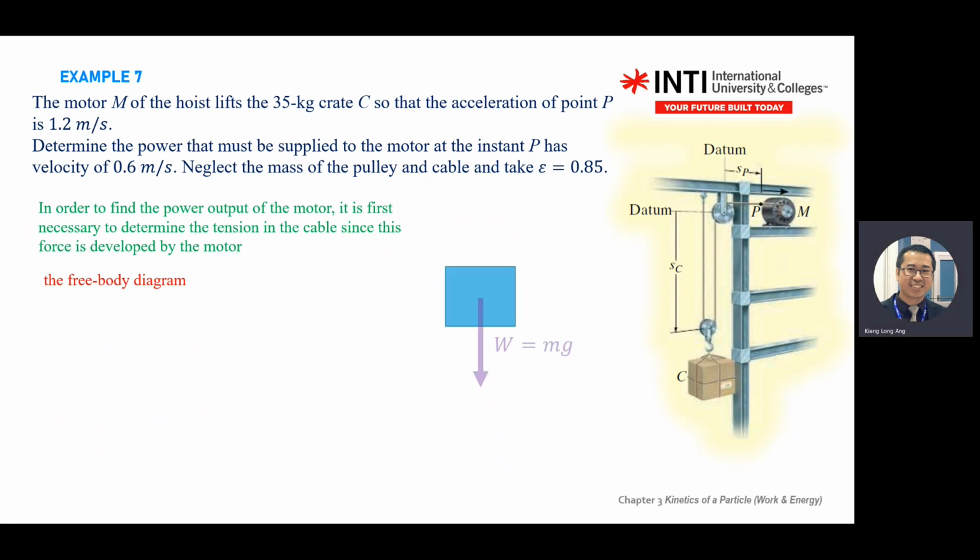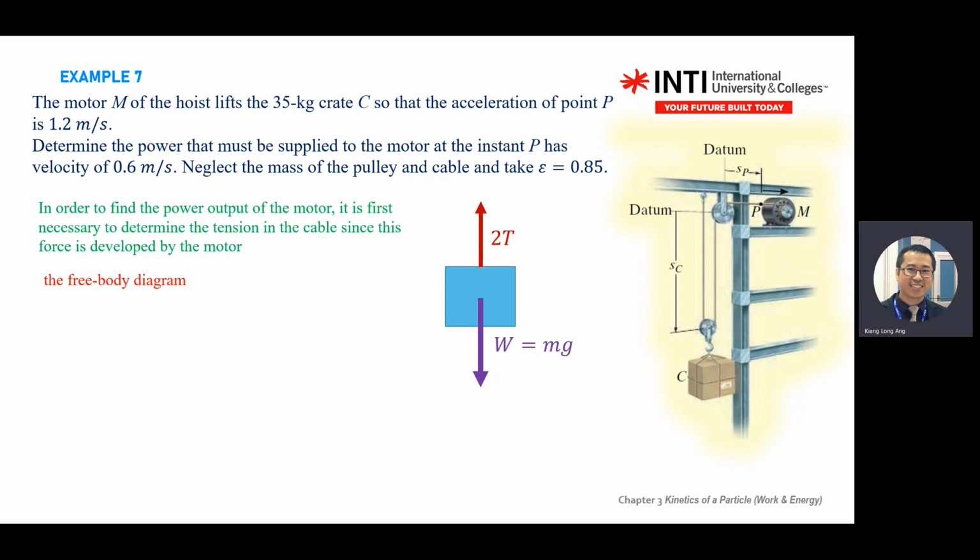You draw the free body diagram of your C. Your weight always goes down. In this case, there's no contact surface, but there is a cable pulling the C up. So there's a force pulling up. Here I put 2 cables, which is two tension cable pulling the object.